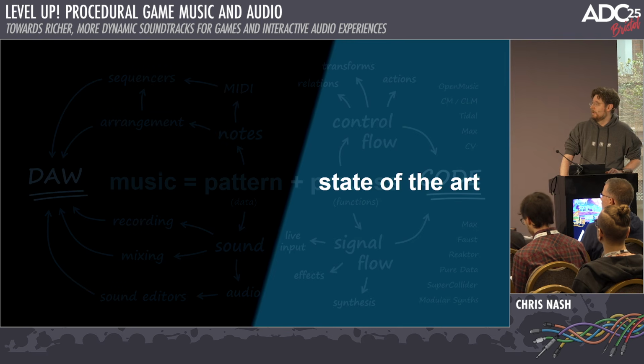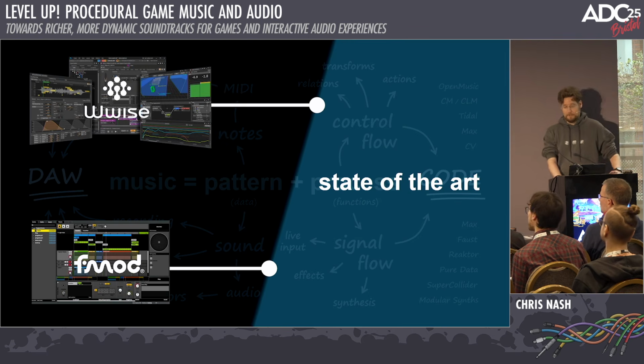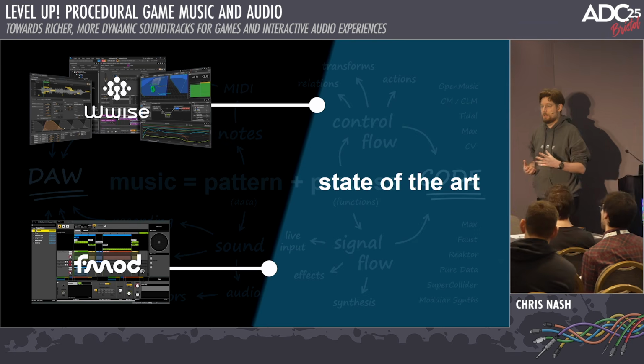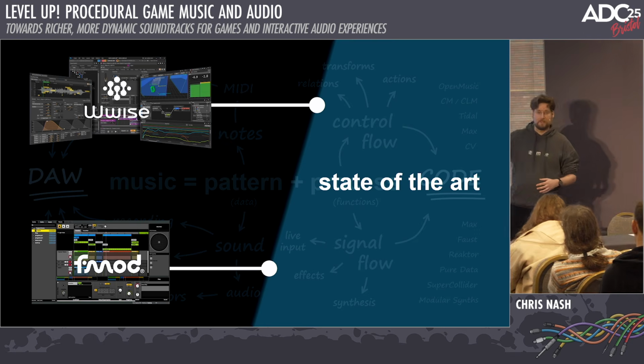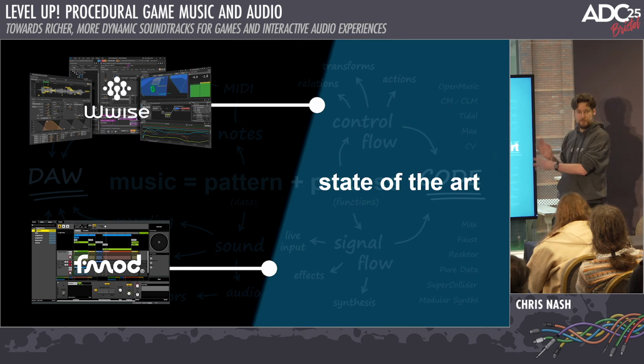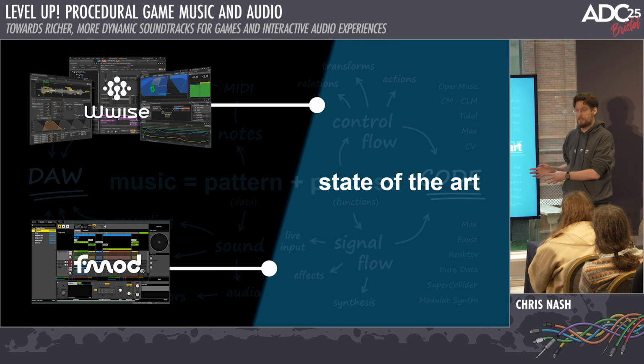So, let's have a quick look at the state of the art. Game audio is actually a really good example, because that is the intersection of: we need music, and we want to be able to represent music that is familiar to people, but we also want it to change because the game's context changes, and we don't know how late in the morning they're going to be playing, so we don't know how much we need to write.